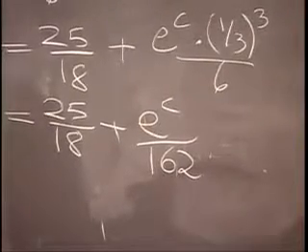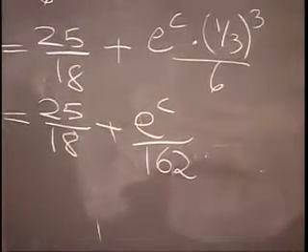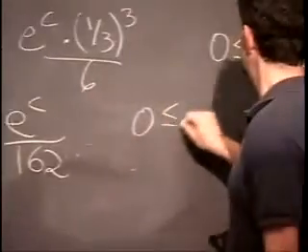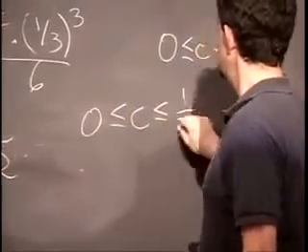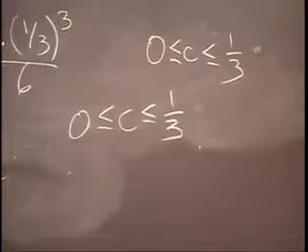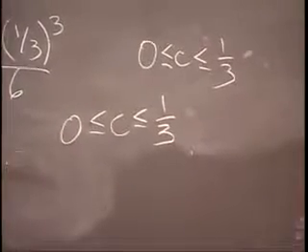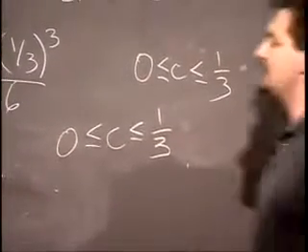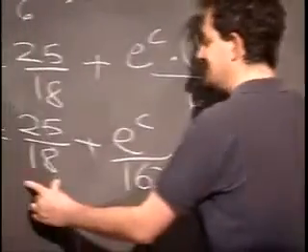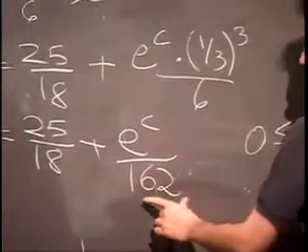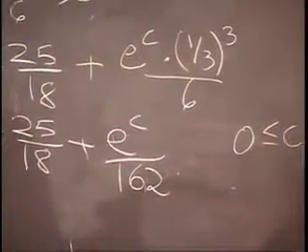No, it is 162. There you go. All right. So this has improved the previous thing because we now know that e to the third is our original approximation plus e to the c over 162.